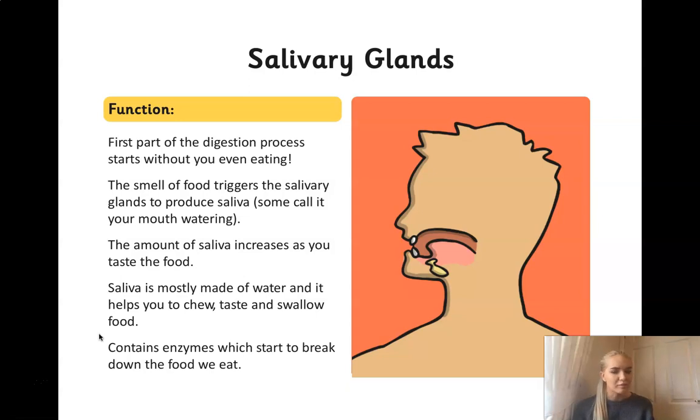Have you heard of that word before? Fantastic. Don't worry about it too much, but enzymes are little things that start to break down the food that we eat. So when our food first enters our mouth, our salivary gland mixes all the food together with the water, because the saliva is made from that. And the enzymes which are in the salivary gland start to break down the food.